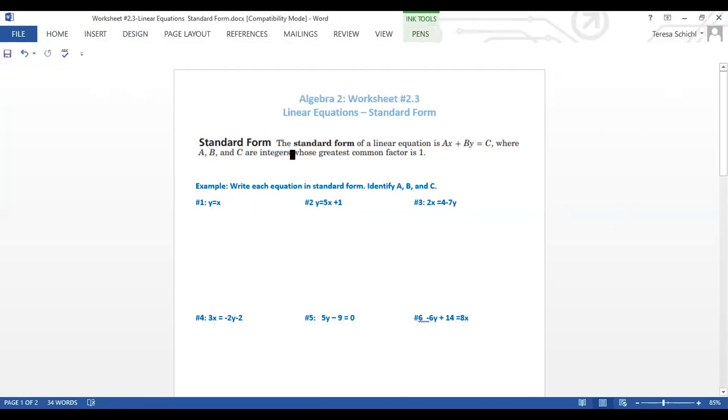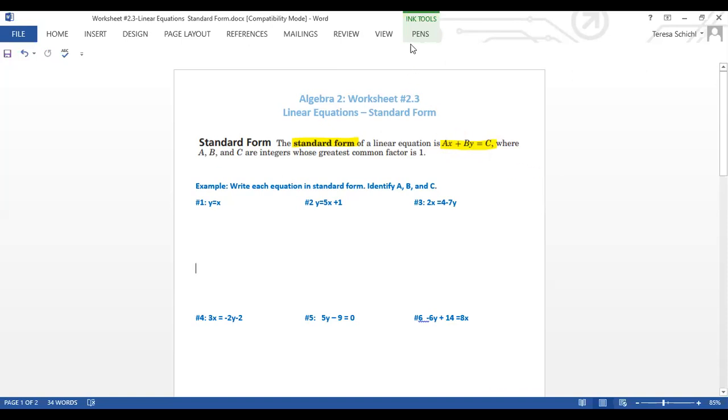We talk about the standard form for a linear equation. What do we mean by the standard form? That means you can write this function as ax plus by equal to c. You move the x and the y to one side of the equation and leave the constants on the other side.